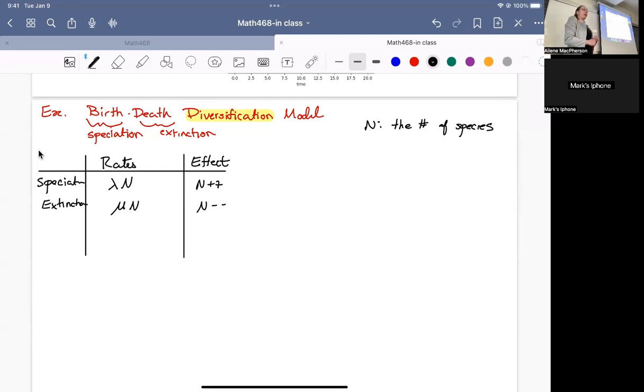All right, does somebody want to get me started? What's on the left-hand side of my differential equation? dPn by dt. So the rate of change of the probability of having n species at time t. All right, what's my flow out?